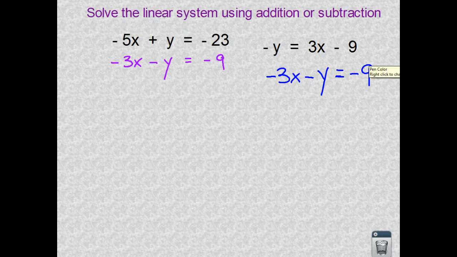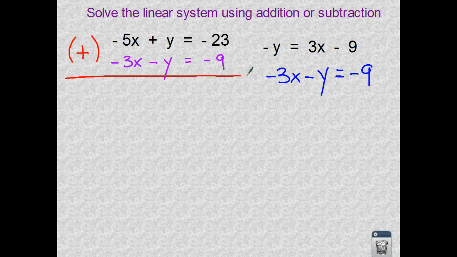And we're going to just follow the same process. Let's figure out if we're going to add or subtract. It looks like the y variable is going to get eliminated. So we have positive 1 and a negative 1. And we have learned that when they're opposite signs, we're going to be adding them. So we have negative 8x, the y eliminated.